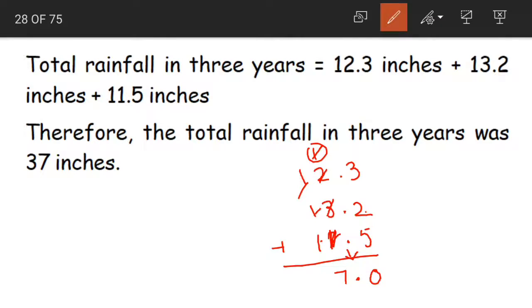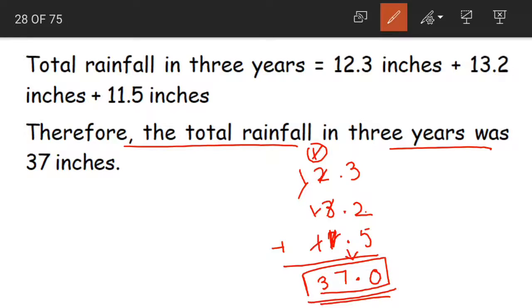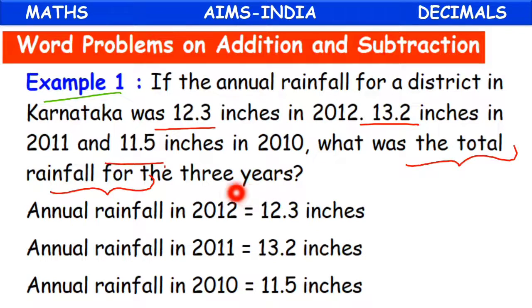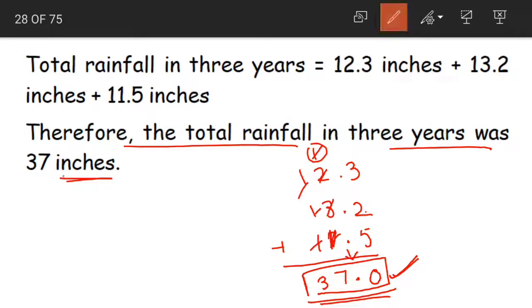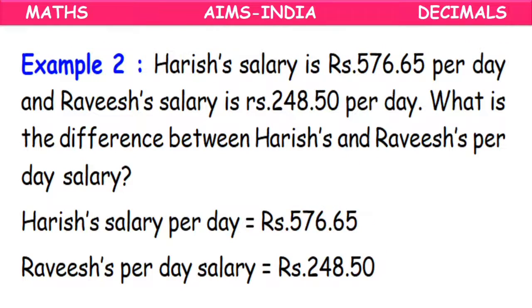Next 1 plus 1 is 2, 2 plus 1 is 3. So the total rainfall in 3 years was 37 inches. Rainfall is normally measured in inches or centimeters. In the question, as we are given the information in inches, the answer should also be represented in inches. Understood the first word problem? Coming to the next one.